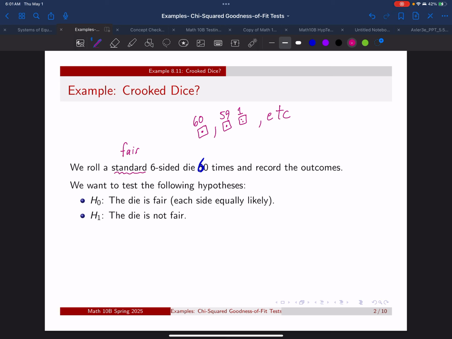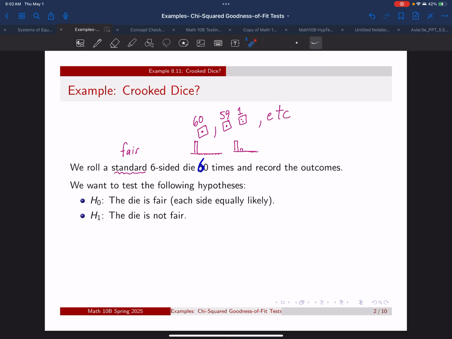If I were to draw the distribution describing this first outcome, it would be 60 and then 0 all along. For the second outcome, it would be 59 and then 1 and then zeros over here. So each outcome corresponds to a different distribution.